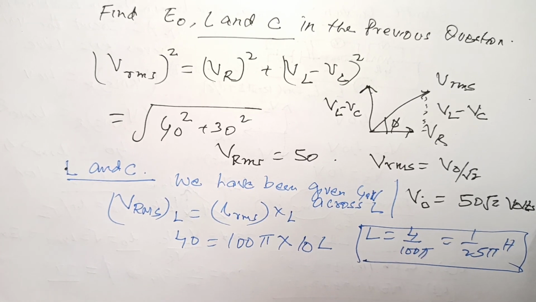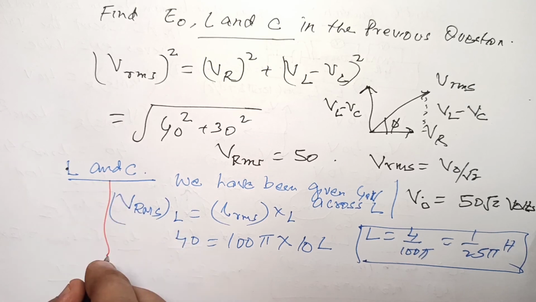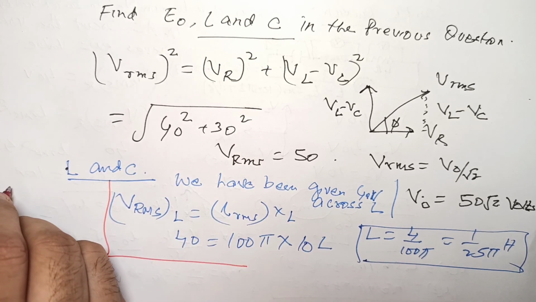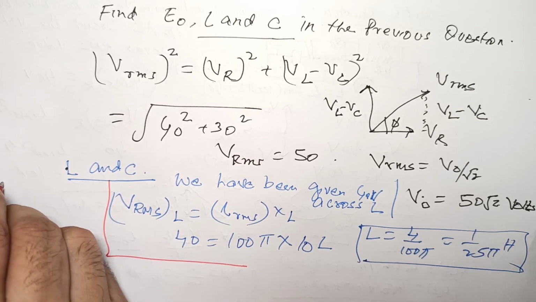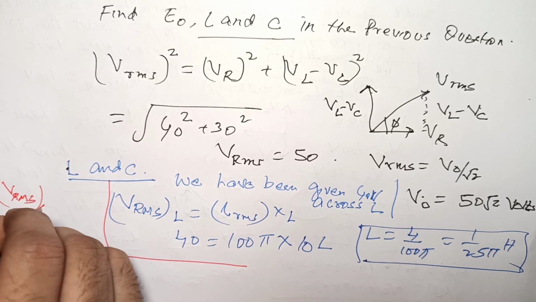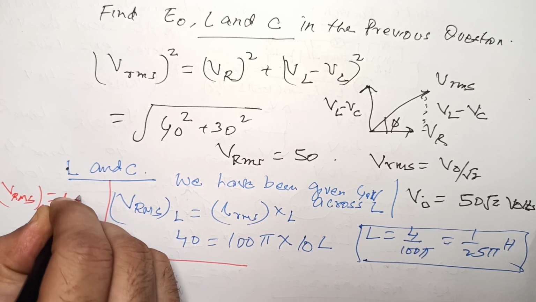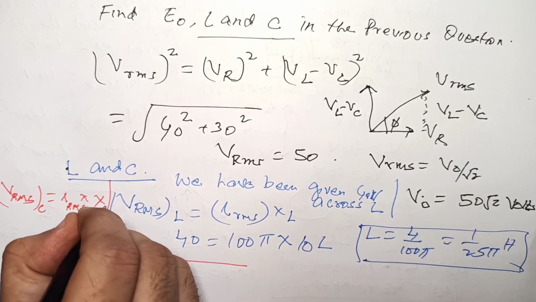Very good. So now finally we are arriving at the last one. We know that VRMS across C is equal to IRMS into XC.